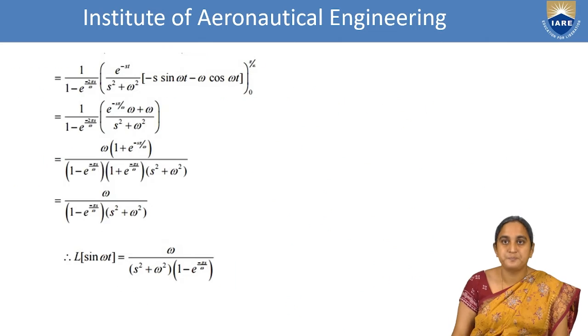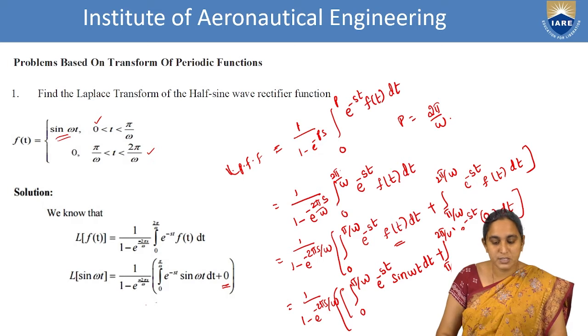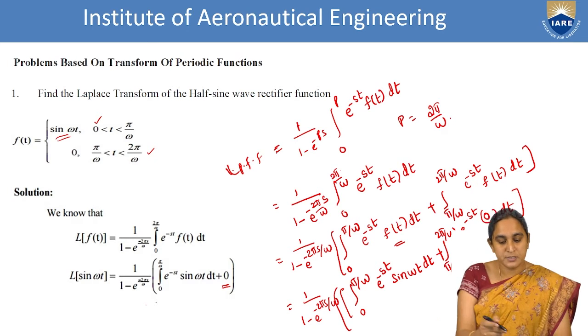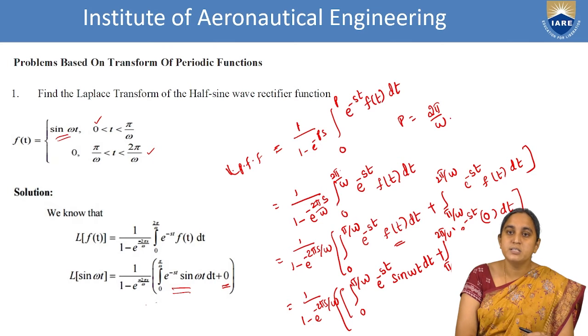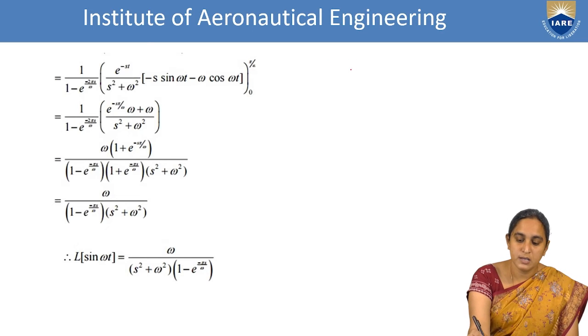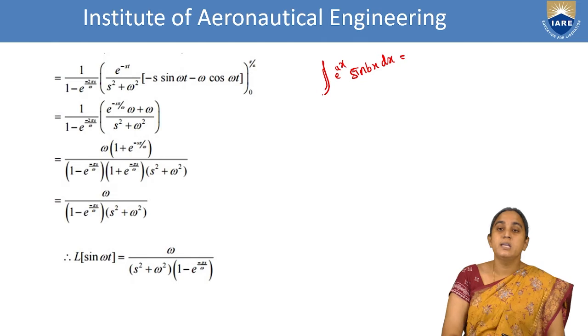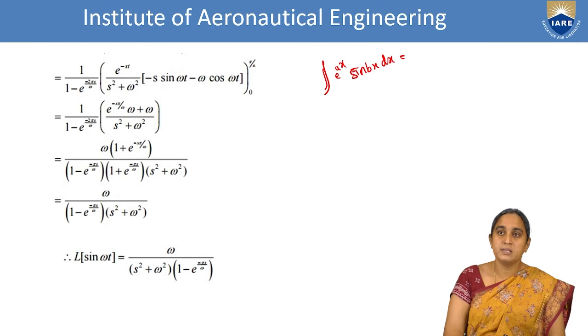Next, once you observe, after substituting the functions the second term is 0 and the first term is in the form of the integral of e^(ax) sin bx dx.